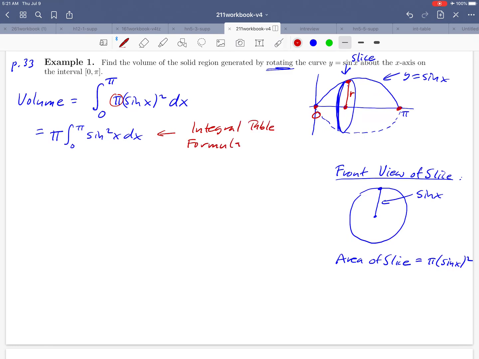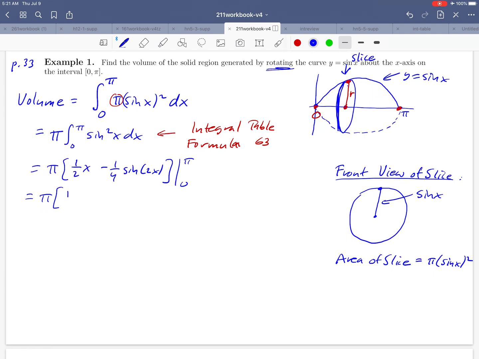In fact, formula number 63 works nicely here. Formula 63 tells us that an antiderivative for sine squared of x is 1/2 x minus 1/4 sine of 2x. We're going to evaluate that between pi and 0, and the rest is just substituting in limits and seeing what we get.